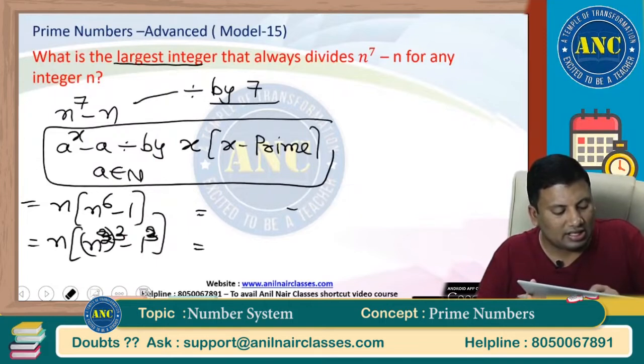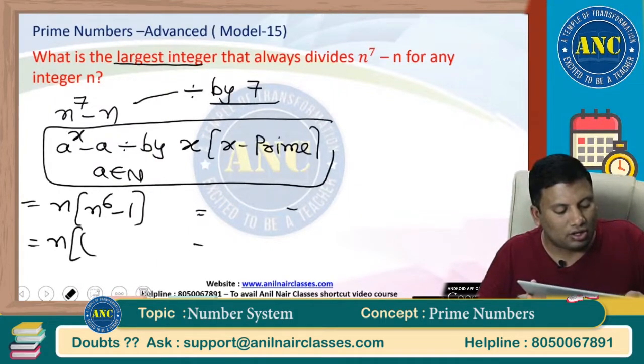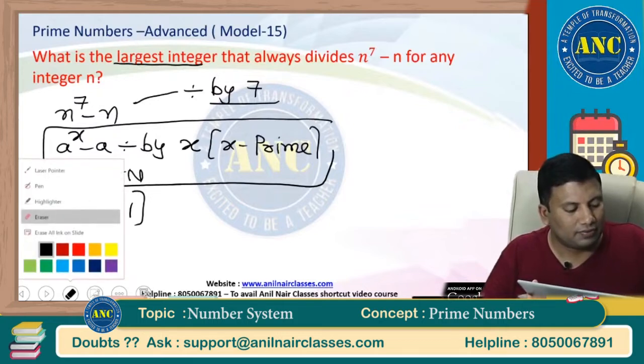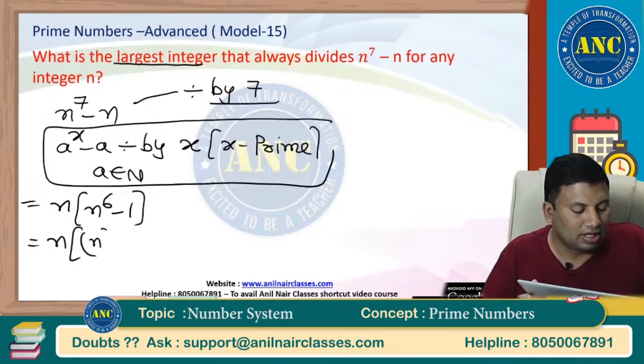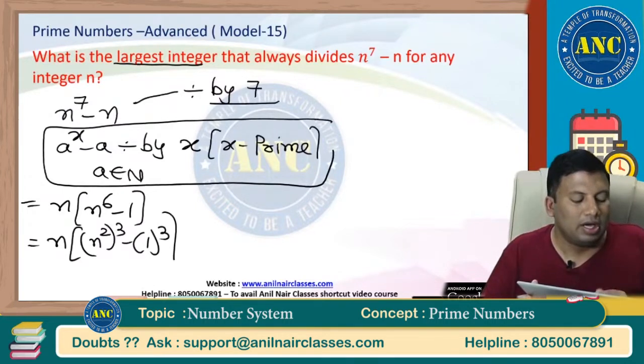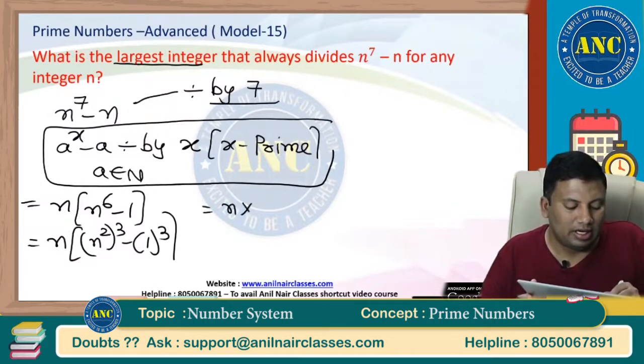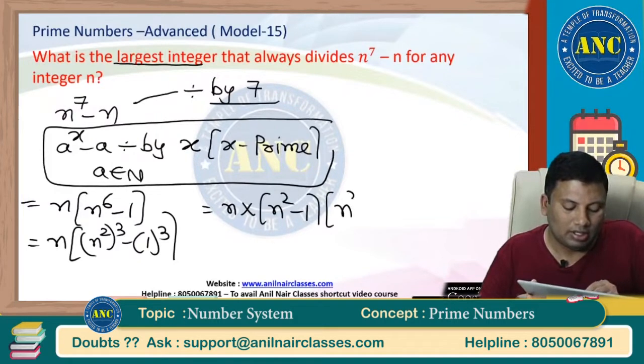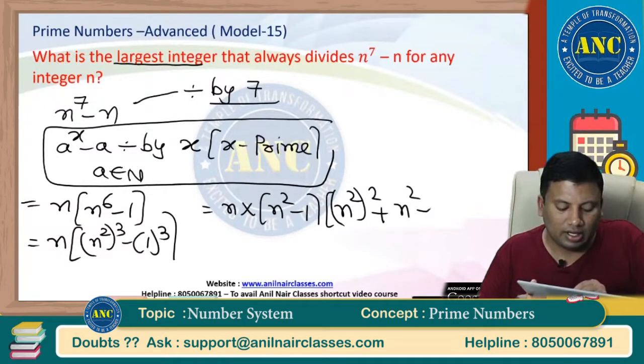A cube minus b cube: it is n into n minus 1 into n square whole square plus n square plus 1.